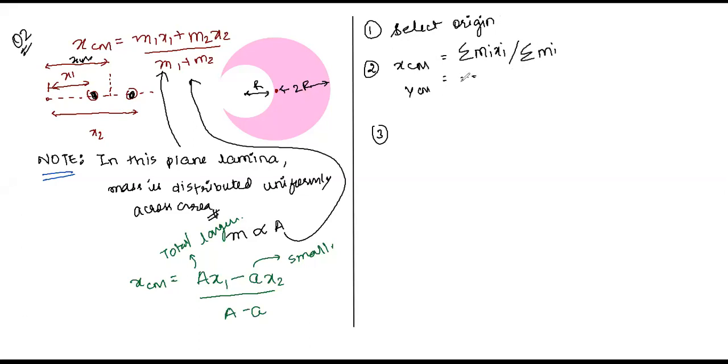Write summation of mi into yi whole by summation of mi. Then all you have to do is substitute. This is how the general way goes in order to solve such questions. Are we clear, class?